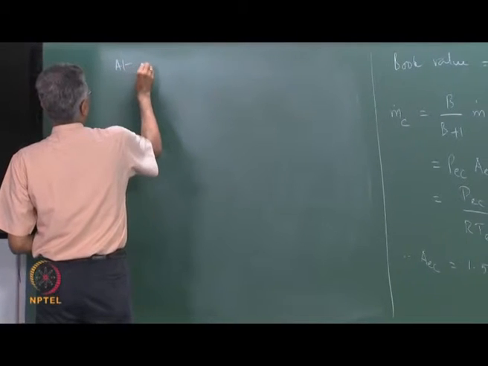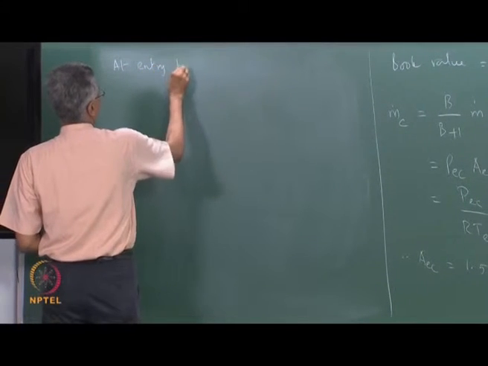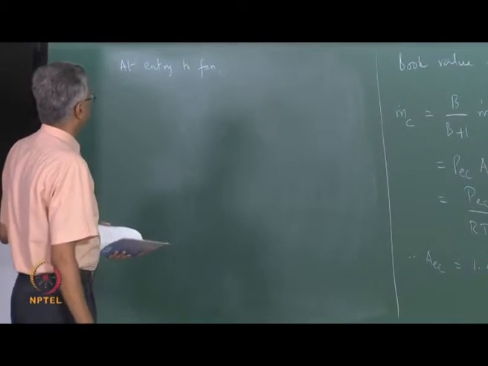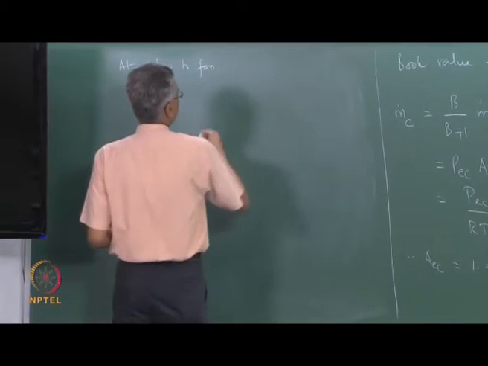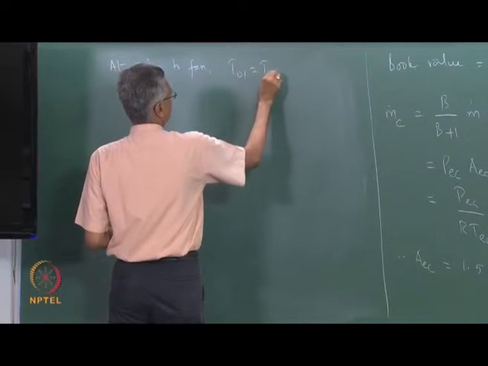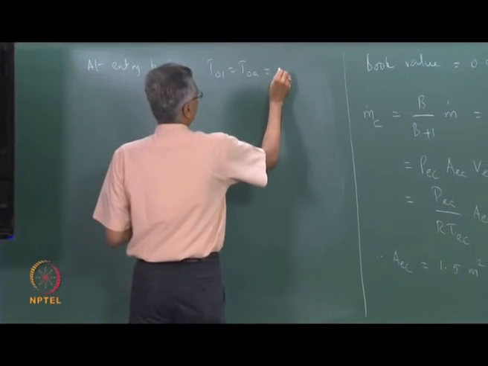So at the end of the inlet or at entry to fan, since there is no energy exchange, heat or work interaction in the inlet, T01 is equal to T0A is equal to 252 Kelvin.